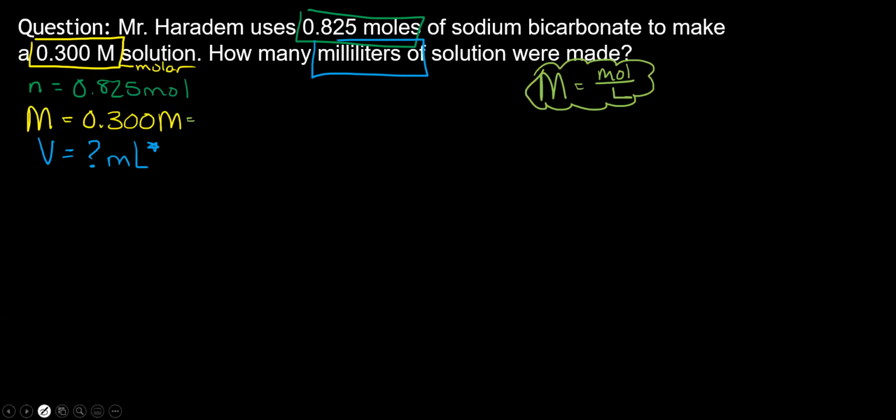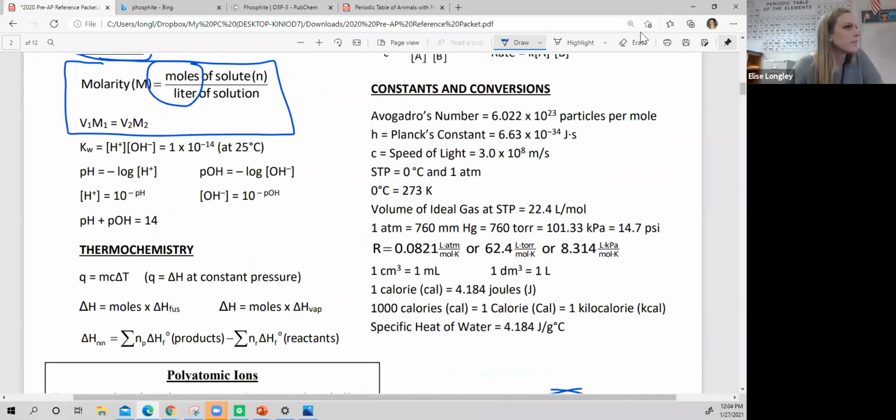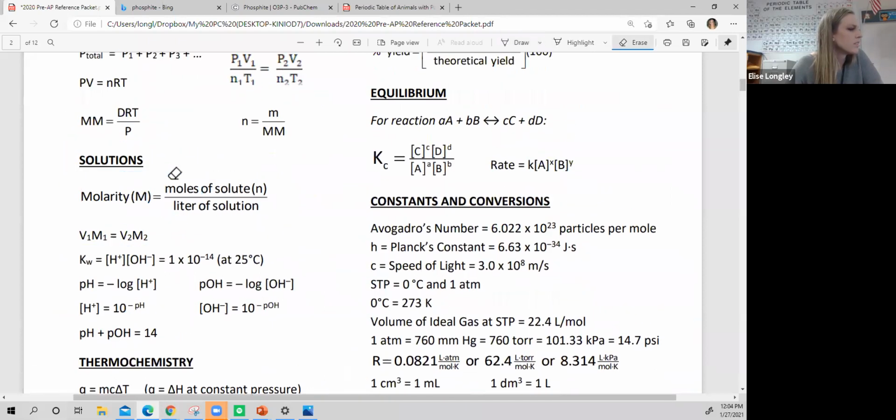Sonali, here's the formula sheet. Which formula do we need? We have N, M, and V that we're trying to use. So which one of these formulas are we using?